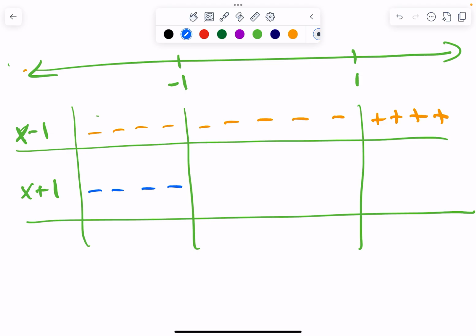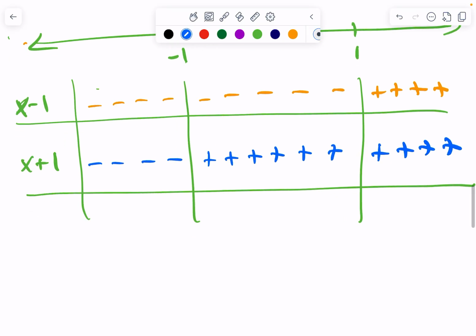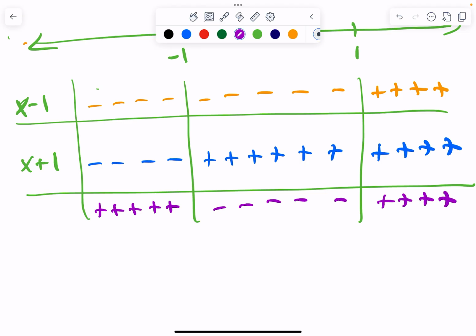After -1, it's going to be positive with all these. 0 plus 1 is a plus 1, and 2 plus 1 is 3, so those are positive. Now we're going to look at the signs here. We have a negative and a negative, so that becomes a positive. Negative and a positive becomes a negative, just like in any quotient. Positive and positive stays as positive.